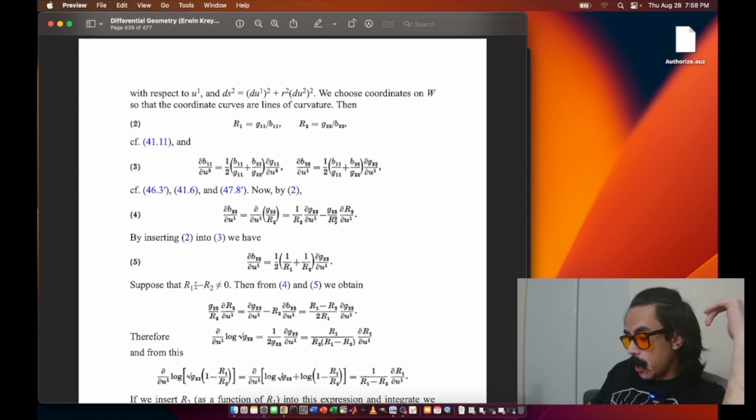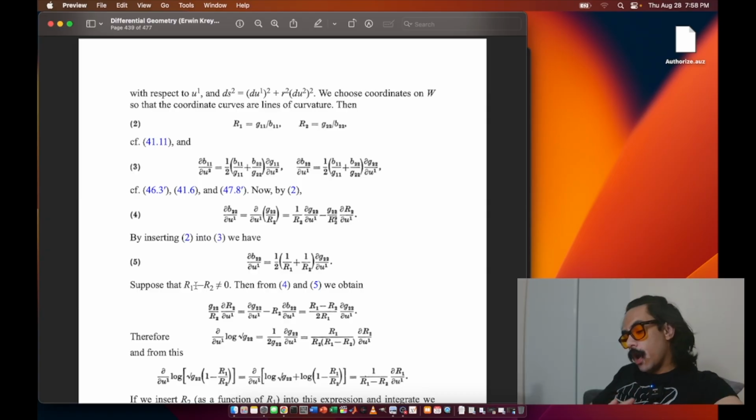So by inserting the contents of line 2 into line 3, we thus have partial B sub 2 2 partial u1 is equal to 1/2 times the quantity 1 over R1 plus 1 over R2, closed quantity, times partial G sub 2 2 partial u1.